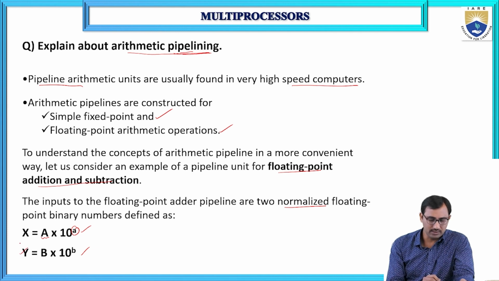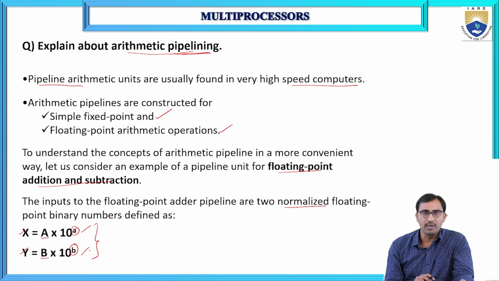Similarly, the second number is Y = B × 10^b, where capital B is the mantissa of the second number and small b is its exponent. In this way we can represent any floating point number using the mantissa, base, and exponent.